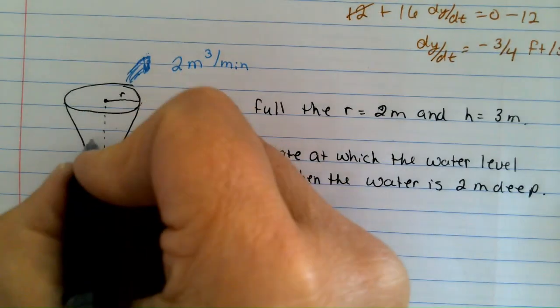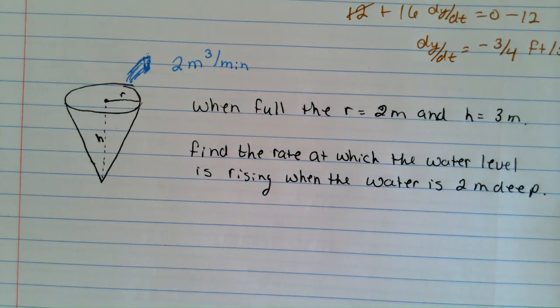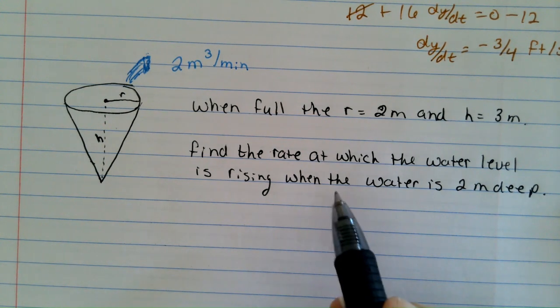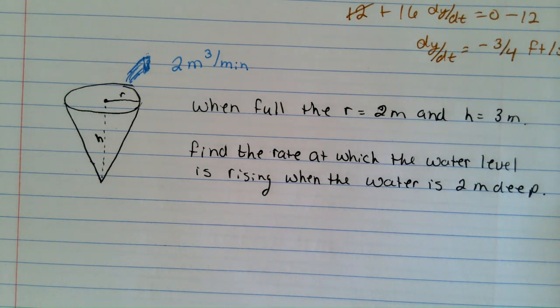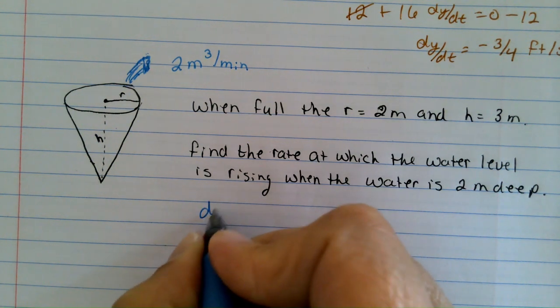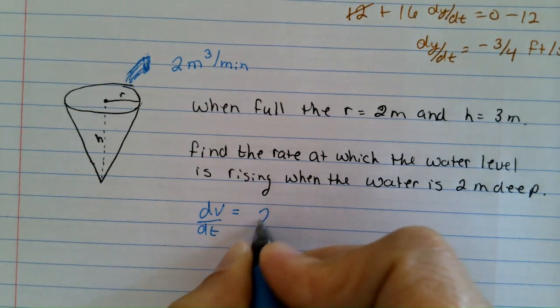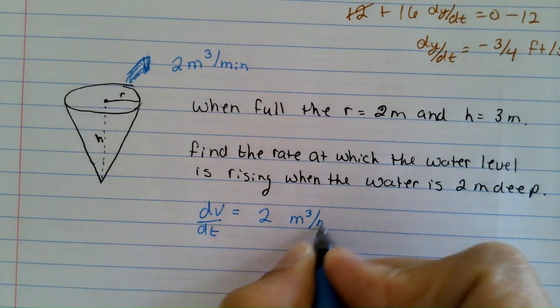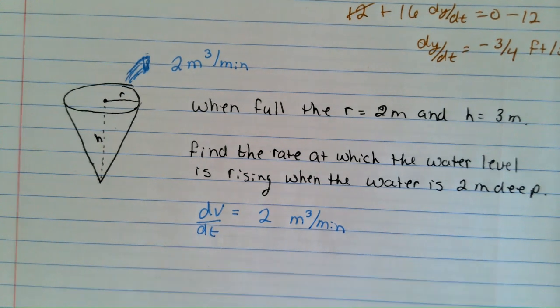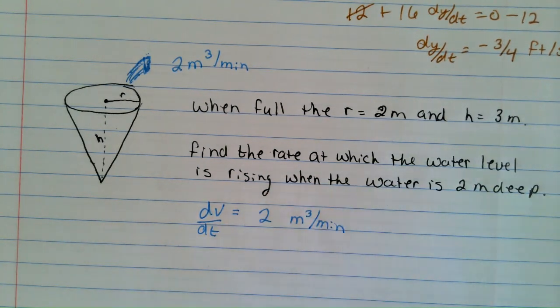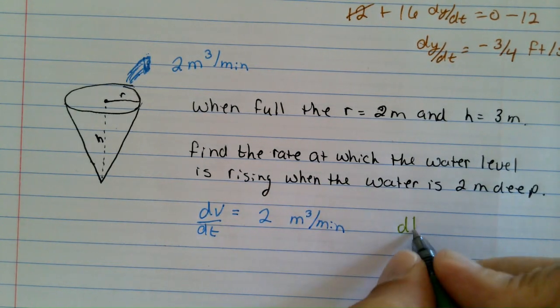Okay. So we know that dV/dt is 2 cubic meters per minute. Our goal is to find the water level rising, so that would be dh/dt.